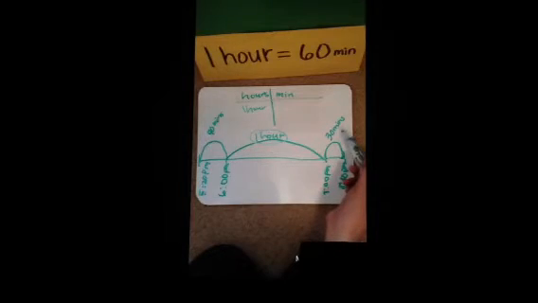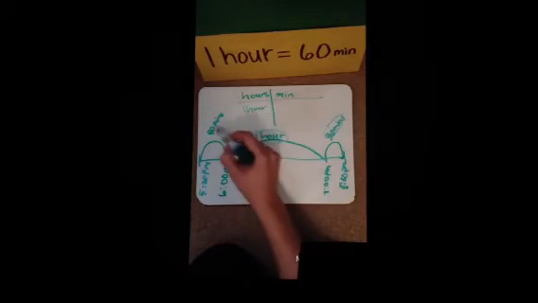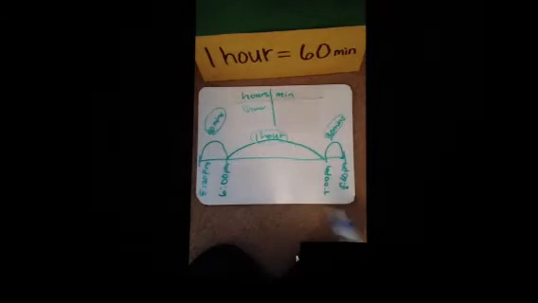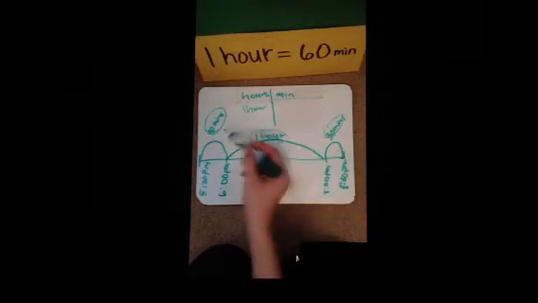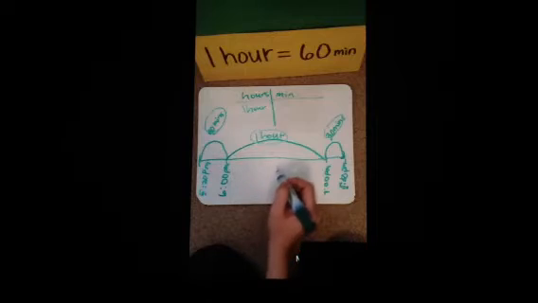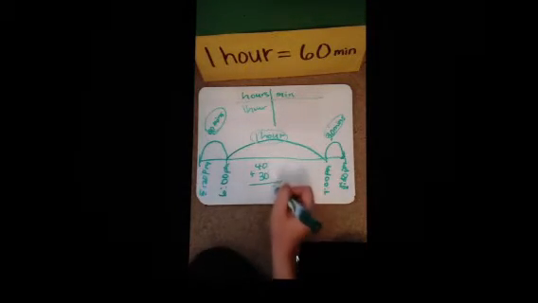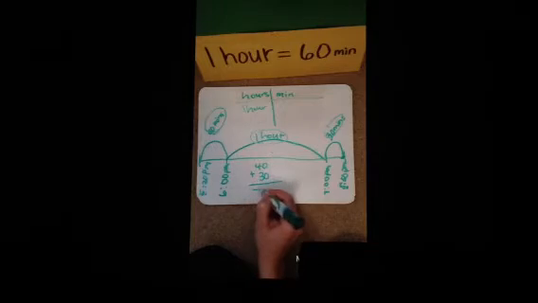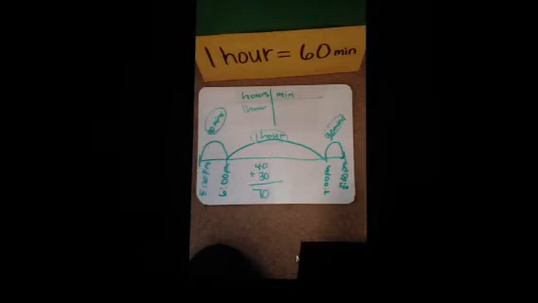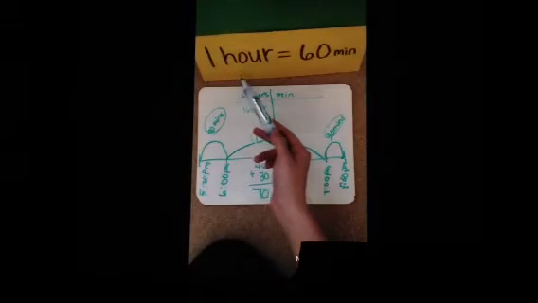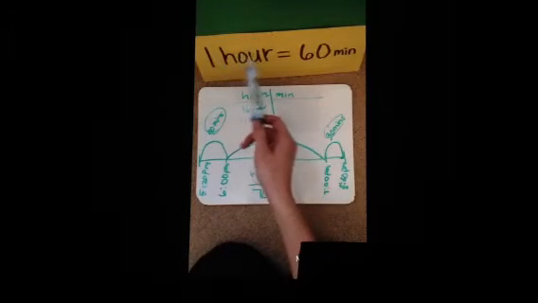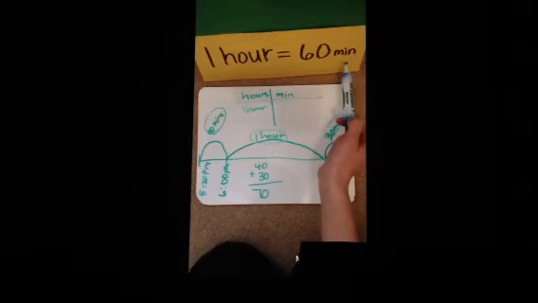Now we'll just have to work with our minutes. We have 30 minutes and 40 minutes. We are going to add those minutes. 40 minutes plus 30 minutes is 70 minutes. Now going back to this, 1 hour equals 60 minutes.